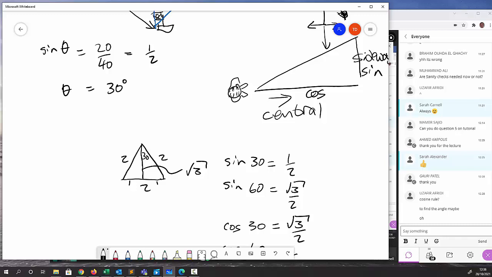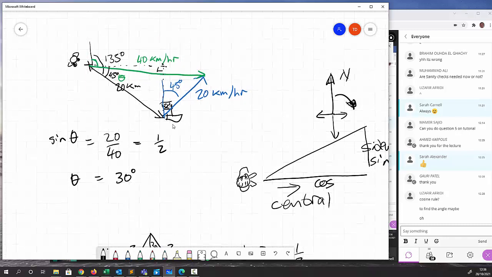Okay, so if I drag that down again, what I'm saying then is that this angle in here, I'm going to colour it in because that diagram's got a bit scruffy now, that green angle there, is 30 degrees.